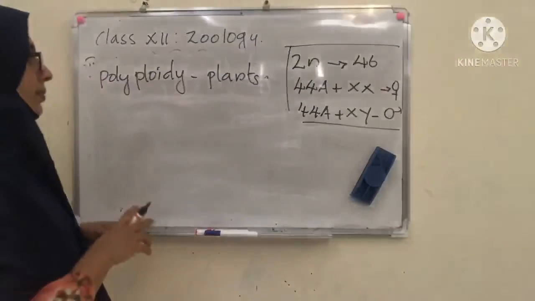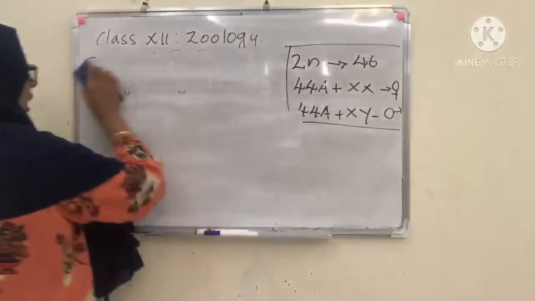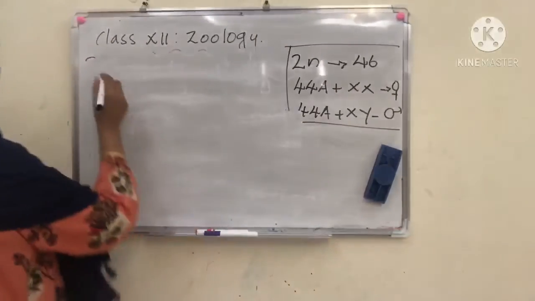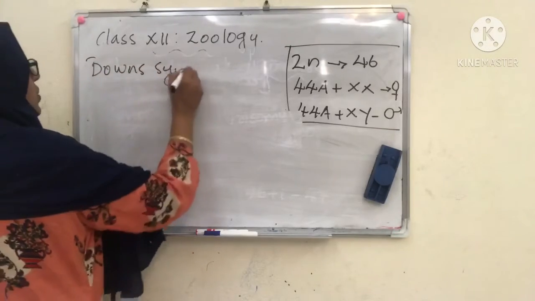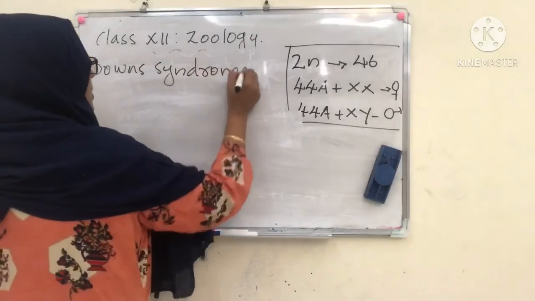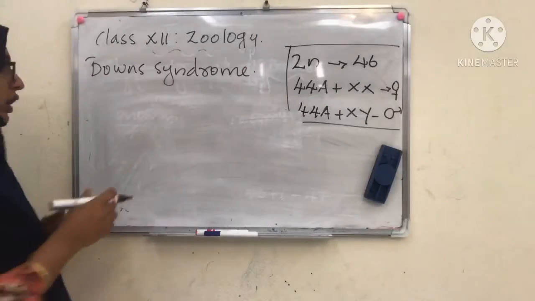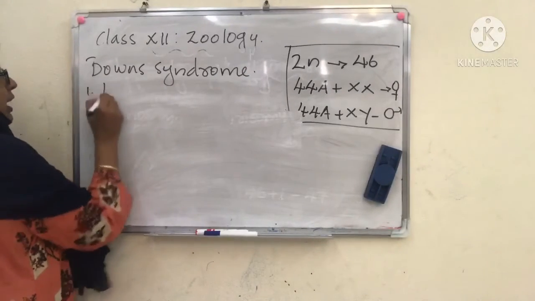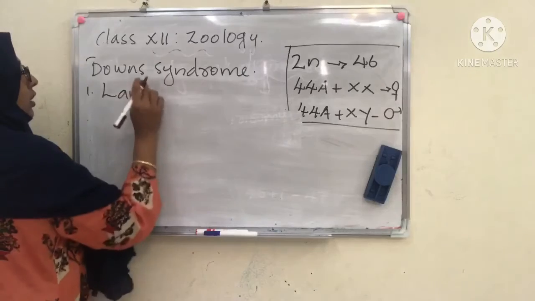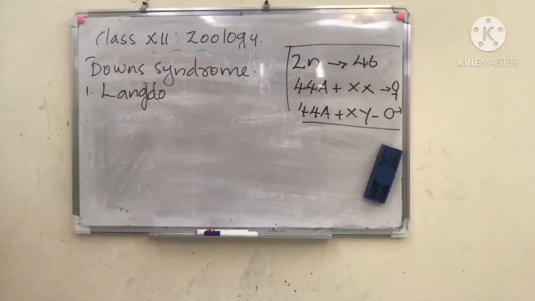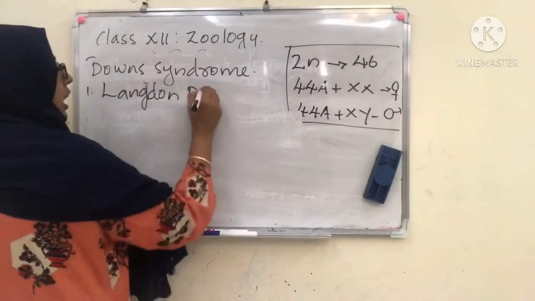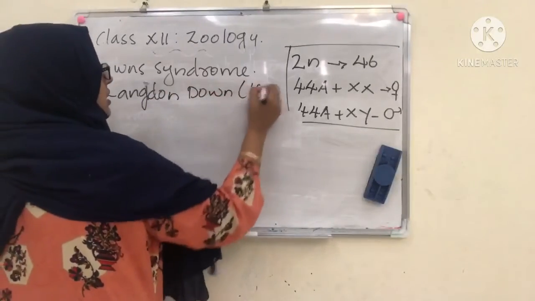Clear? So we can get through the syndromes. First syndrome is Down syndrome. Okay, Down syndrome was put forward or identified by Langdon Down in 1866.